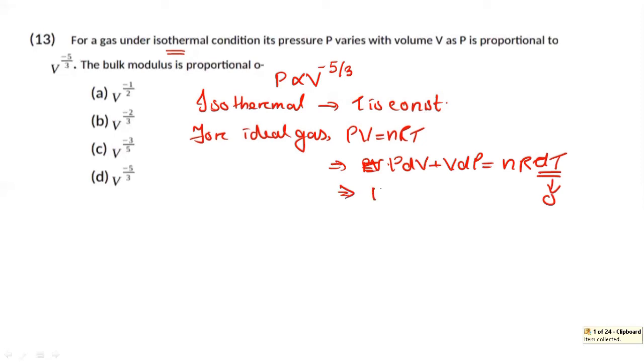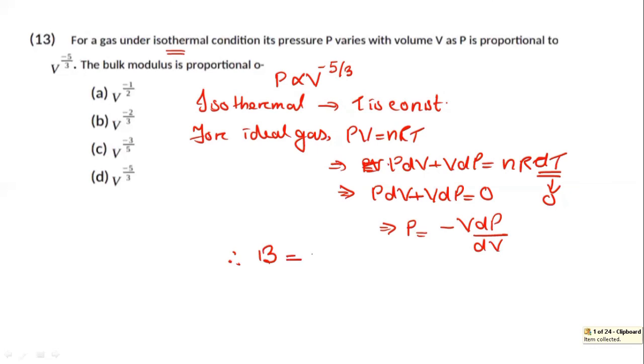So you will finally have P dV plus V dP equal to 0. From this you will get the pressure to be equal to minus V dP by dV, right? You can write it in this way. Now we know the bulk modulus, it is denoted by B. It is also equal to minus V dP by dV.